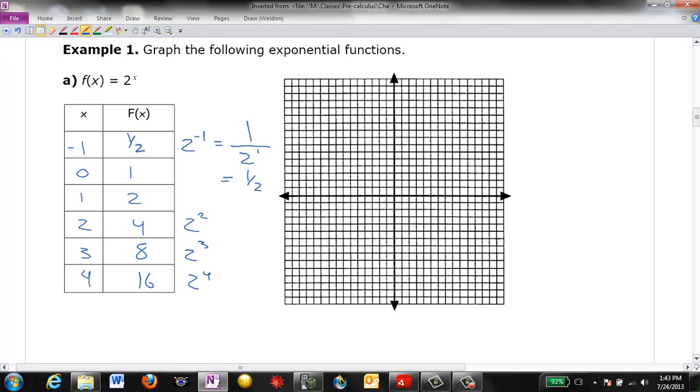Some other things you might want to take note of. Some things I can ask you about on the quiz. I might ask you what the horizontal asymptote is. You should recognize that 2 to the x fits our form a to the x that we talked about on the first page of your notes. So we're going to have a horizontal asymptote at y equals 0. You should be able to tell me right away that we have a y-intercept at (0, 1). All right, so y-intercept right here.